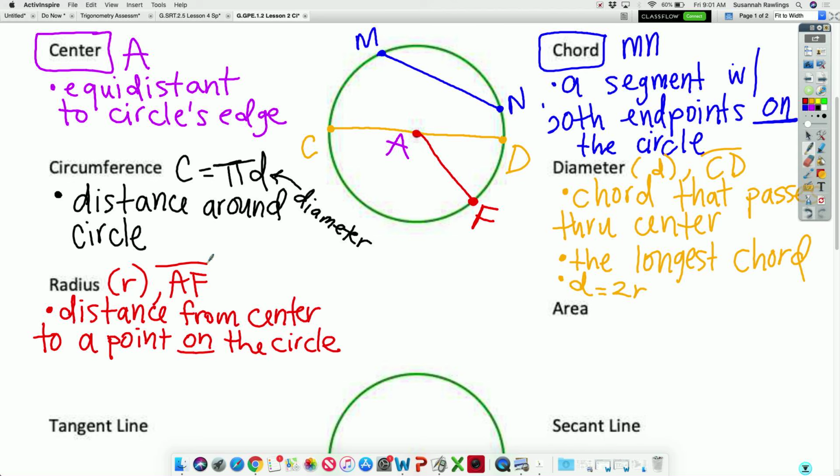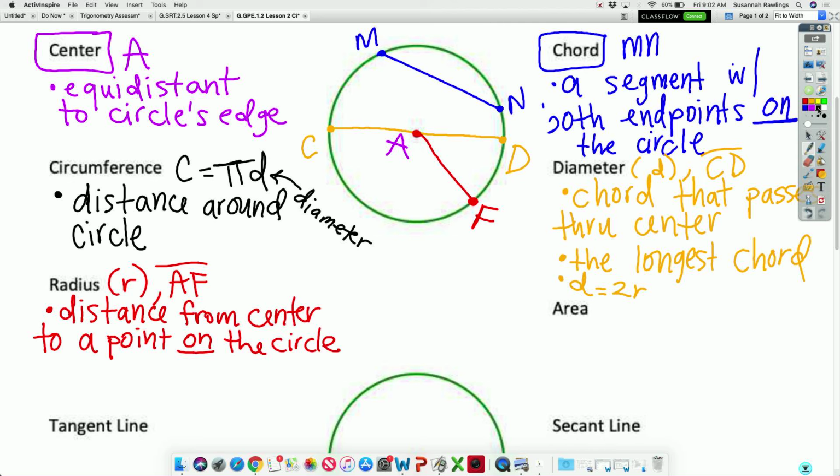Okay, we're not going to do the definition of area, but go ahead and write down, see if you can remember the equation for the area of a circle that we did on the do now. Brayton, do you remember the equation for our area?